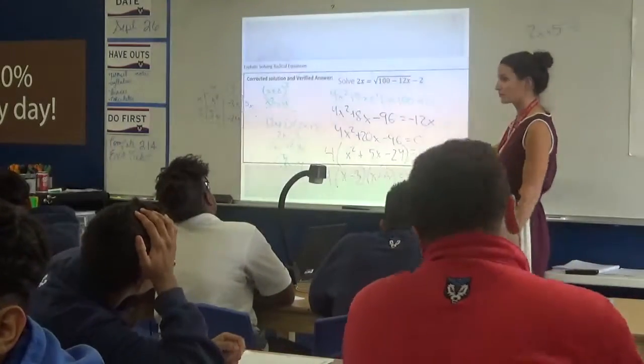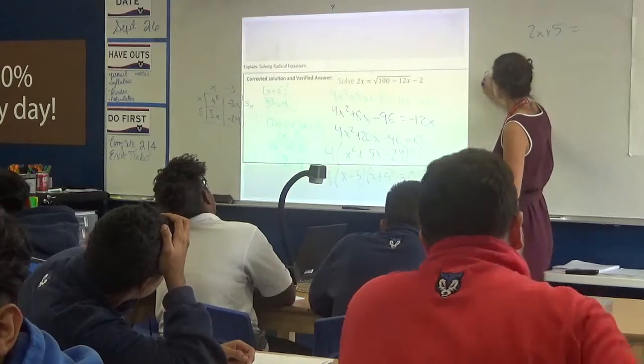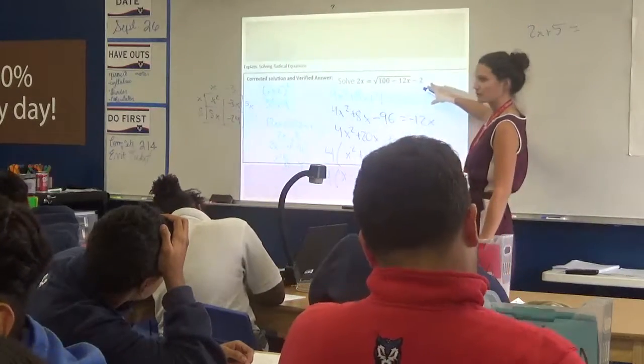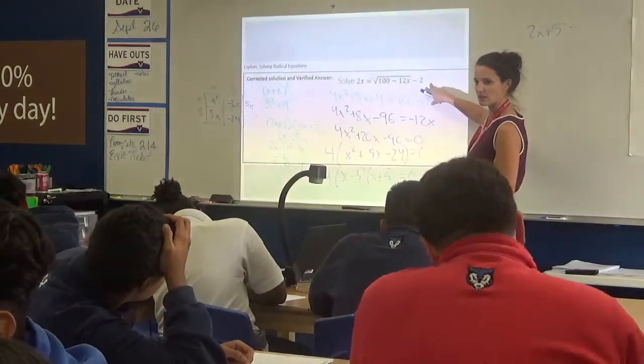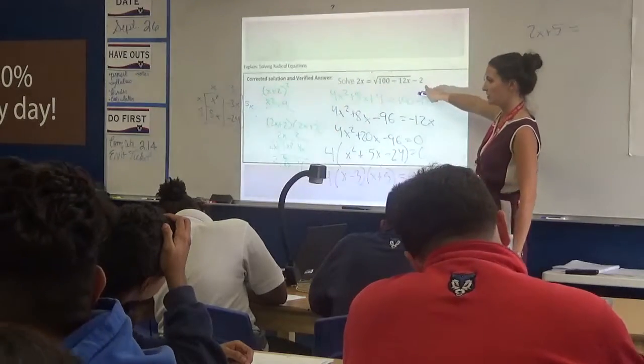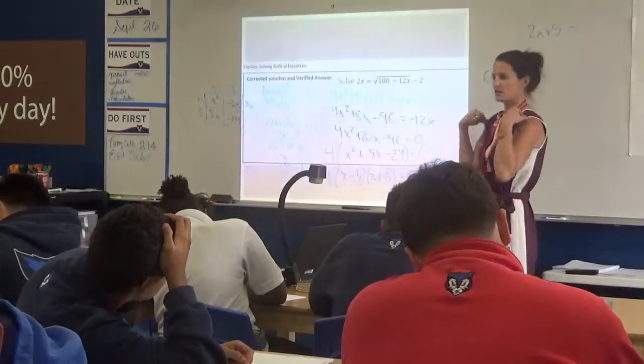So if I plug 3 in, I get 2 times 3 is 6. And on the other side, go ahead and plug 3 in here for me and see what you get. I want to see people trying it. Plug 3 into the right. See what you get.